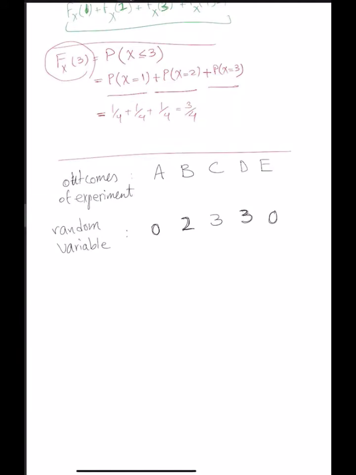So I run an experiment, and these are 5 possible outcomes of that experiment.